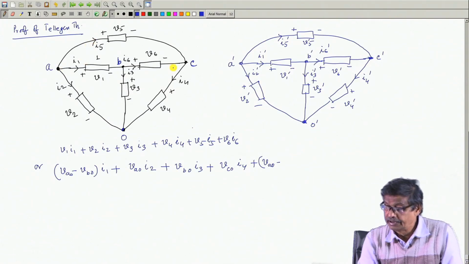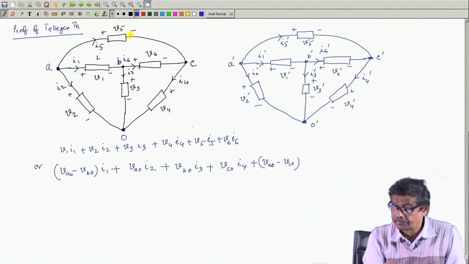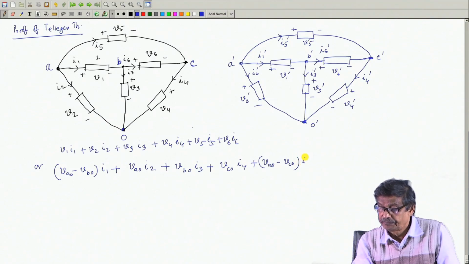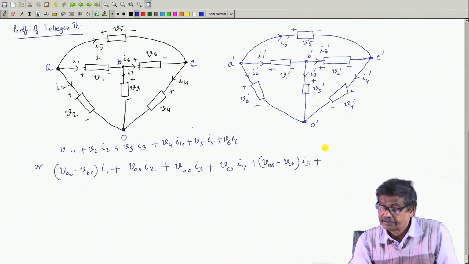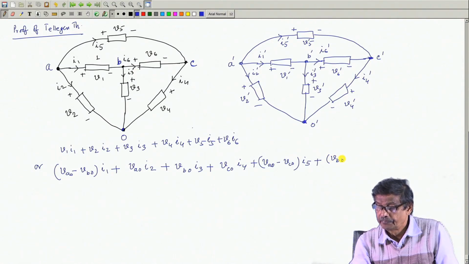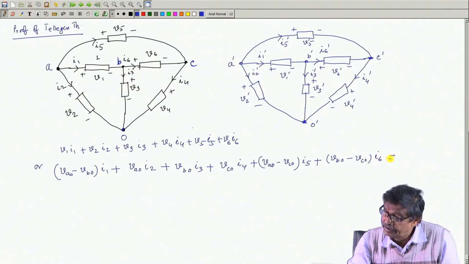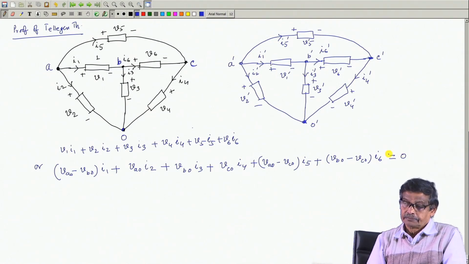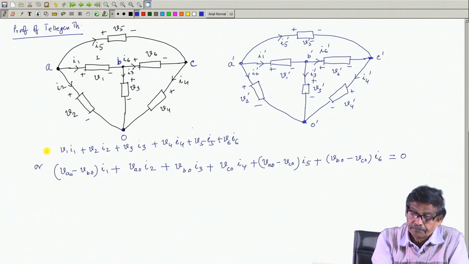So, V_A0 minus V_C0 is the voltage which will make this side plus, this side minus, into I5, and finally, the voltage across element 6 is V_B0 minus V_C0 into I6. This will be the thing, and this I know is certain to be 0, because it is the power absorbed by all the elements in network A.